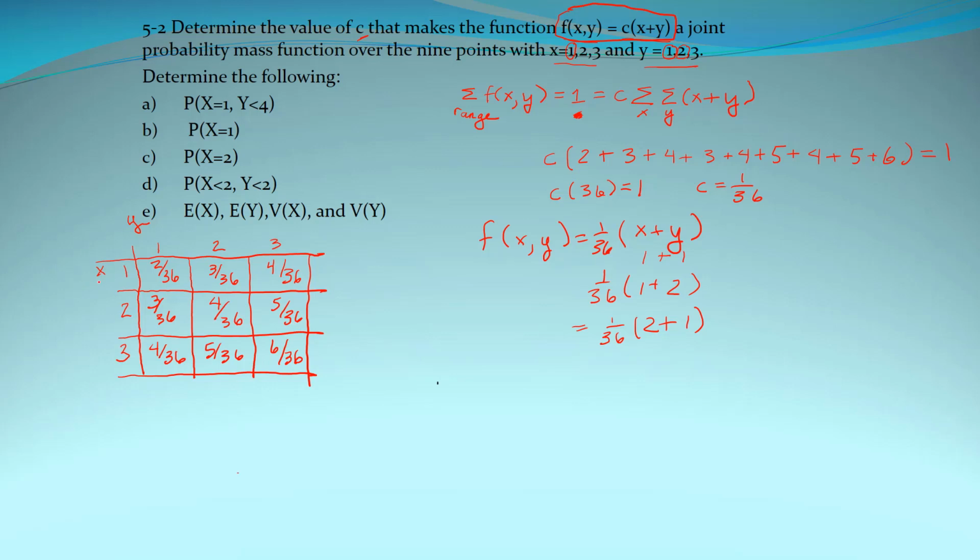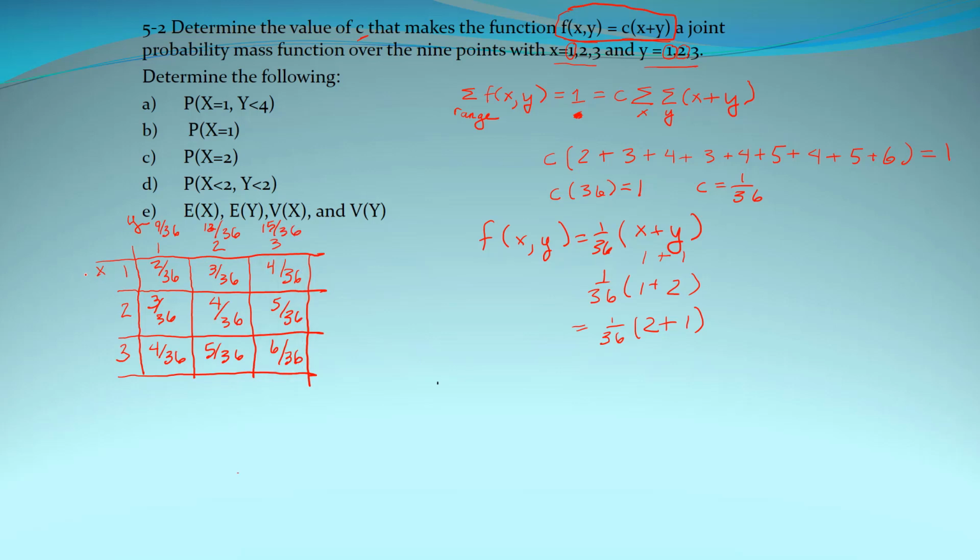In fact, this is so easy that while we're already here, why don't we put down the marginal distributions? So how do we get the marginal distributions? Well, let's see. Y is 1. It's going to be 4 plus 3 plus 2, and that's just going to be 9 over 36. Adding likewise along this axis is going to give us 12 over 36, and this one is 15 over 36.